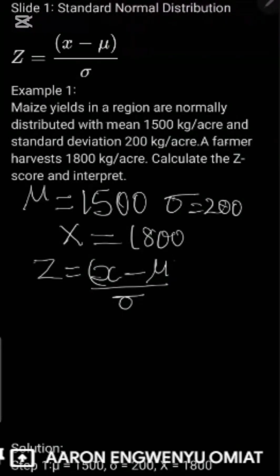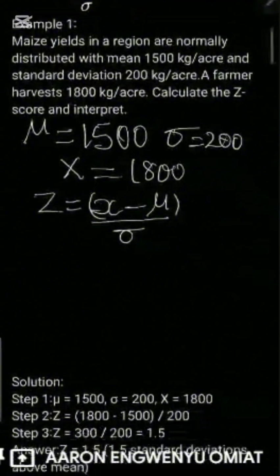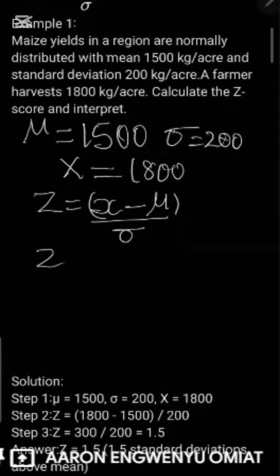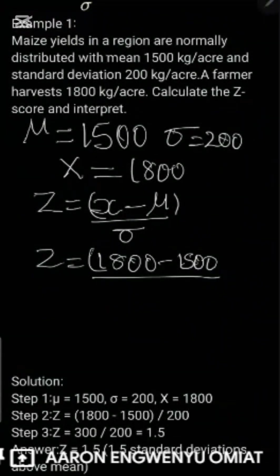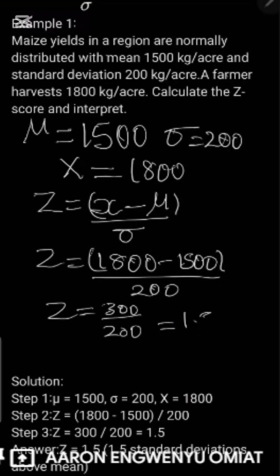Put this in brackets. So substituting, we shall have 1,800 minus 1,500 divided by 200, which is the standard deviation. So Z shall be equal to, you get 300 up here, divided by 200, which is 1.5.